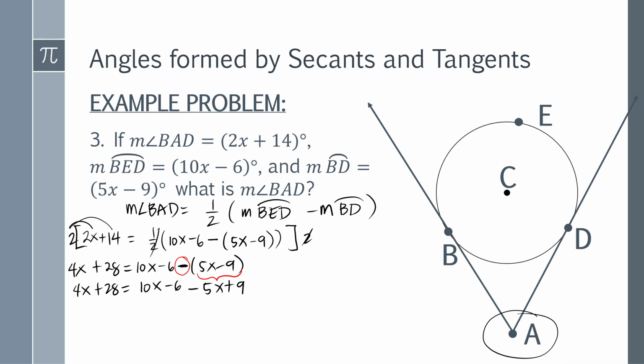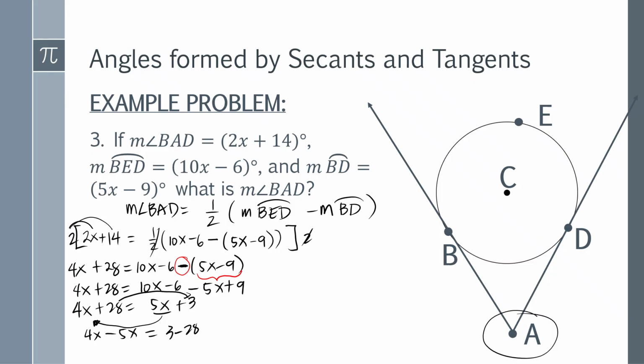Then, combine similar terms. We have 4x plus 28 equals 5x plus 3. Okay? Then you have to transpose. So this will become 4x minus 5x equals 3 minus 28.